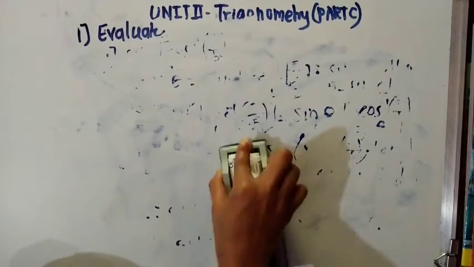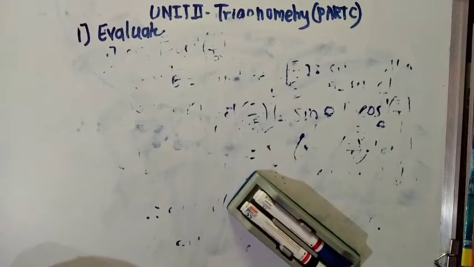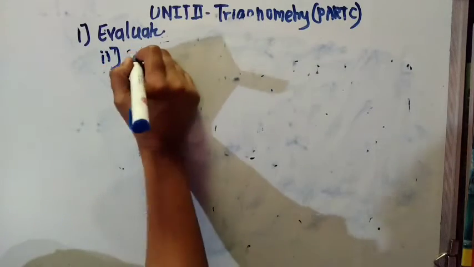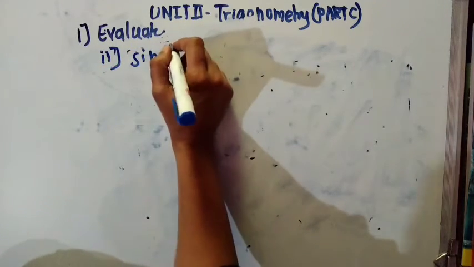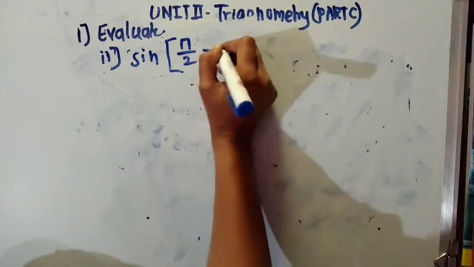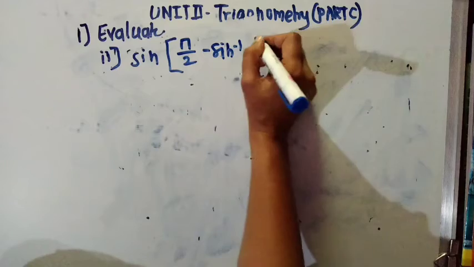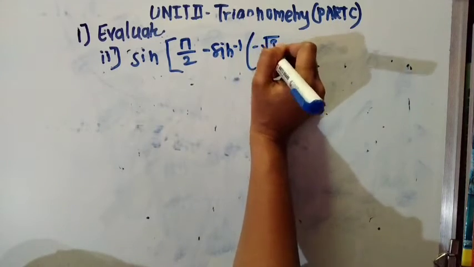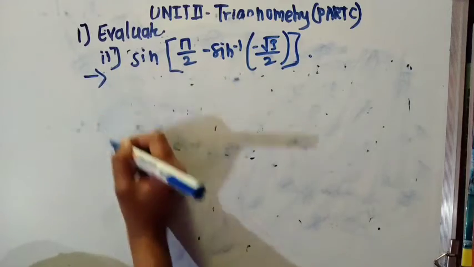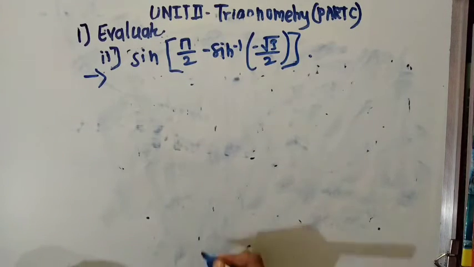Example 2: sin of pi upon 2 minus sin inverse of minus root 3 upon 2. Find its value.